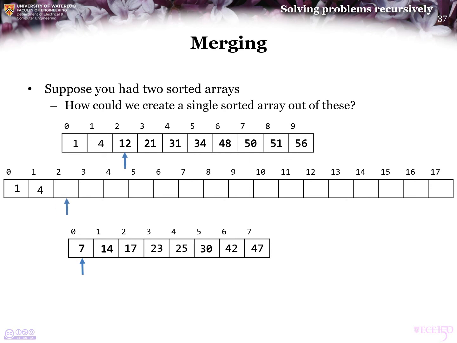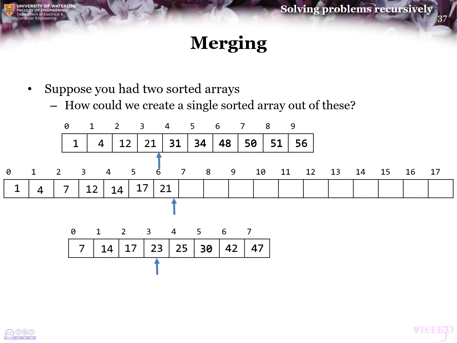Comparing 12 and 7, we copy 7 up, and then we increment that index and the final array's index. Between 12 and 14, we copy down 12, increment those two indices. Comparing 21 and 14, we copy up 14, increment those two. 21 and 17, let's copy up 17, increment those indices.